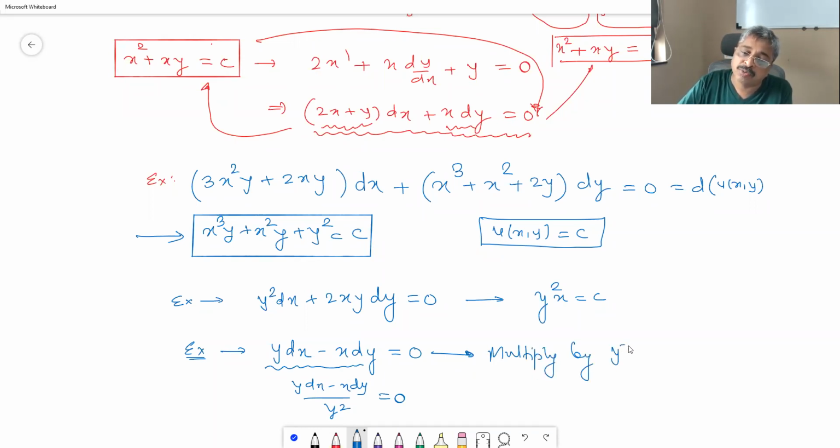That is the important step I am conducting right now. Because RHS is 0, we don't have any problem in multiplication.